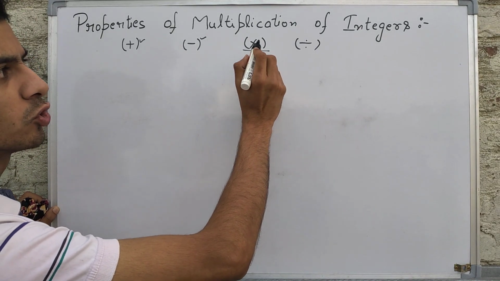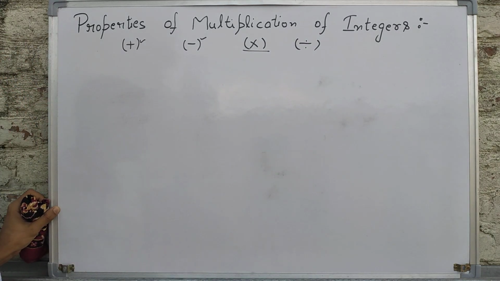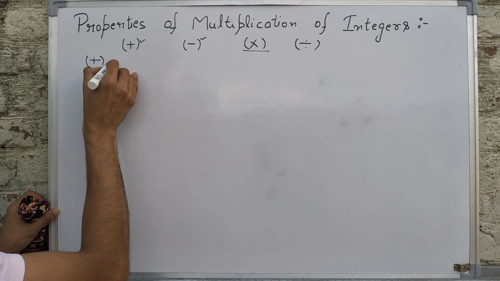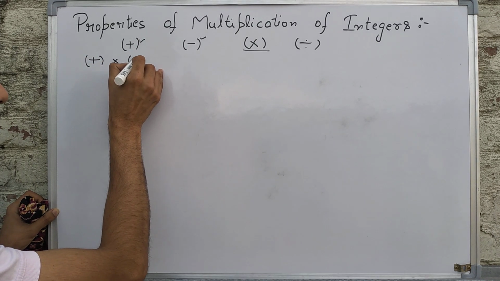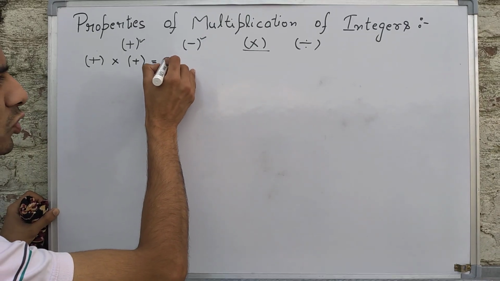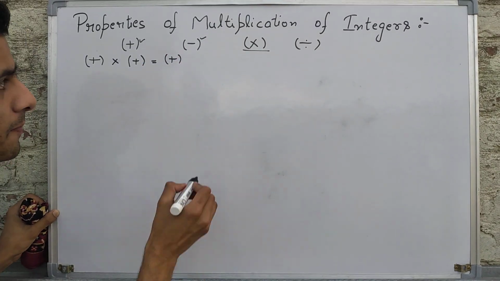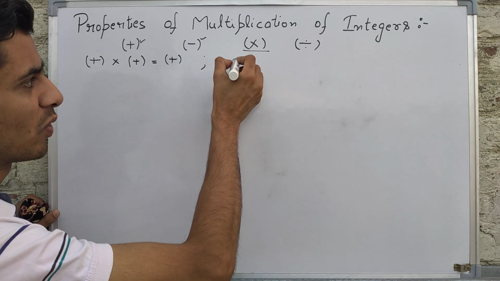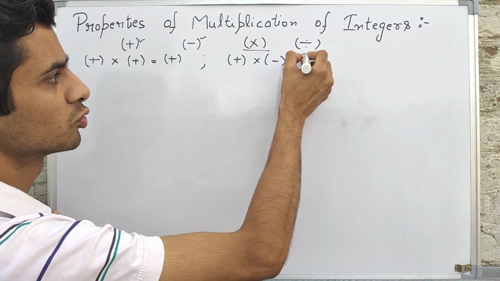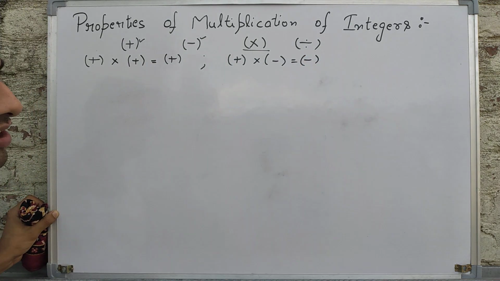If we want to multiply two integers, either we can do multiplication of two positive integers. If you are multiplying two positive integers, you know the result would be positive. If we are multiplying one positive and one negative integer, the result is going to be negative. This also we have learned.